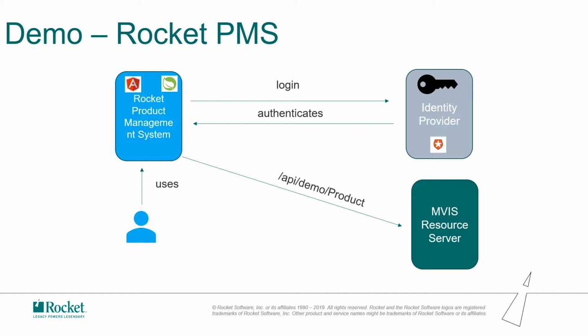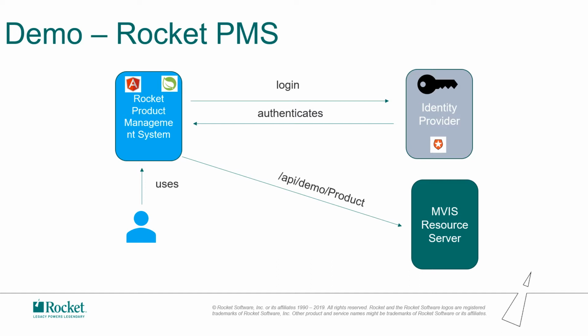We're going to talk to the Auth0 server for the initial login and authentication. And behind the scenes in the Spring Boot application, we're going to call up the MVIS server for a particular resource point called product, and that is going to be using the client credential.